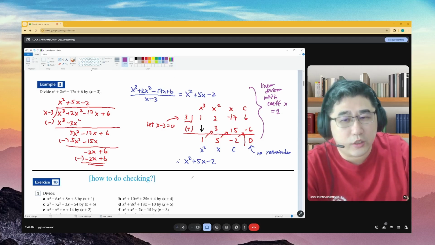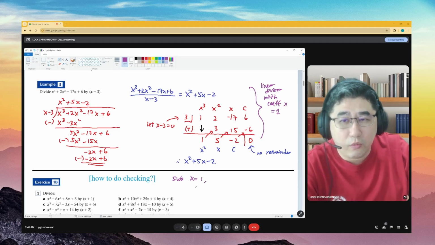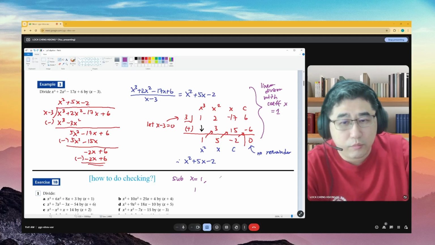You can actually substitute a random number. Let's say x equals maybe 1. So inside the expression, I have 1 cubed plus 2, 1 plus 2 minus 17 plus 6 over 1 minus 3.